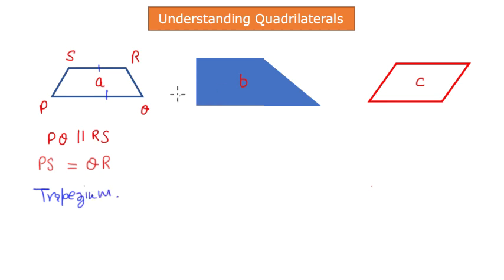Keeping the same concept in mind, look at shape B, and let's say I assign the labels A, B, C and D to the four vertices. I can say that segment AB is parallel to segment CD. So with that definition, it is also a trapezium, right? If both of these are trapezia, what is the difference? The difference lies in the specific condition that we have with shape A: these two sides are equal in length.